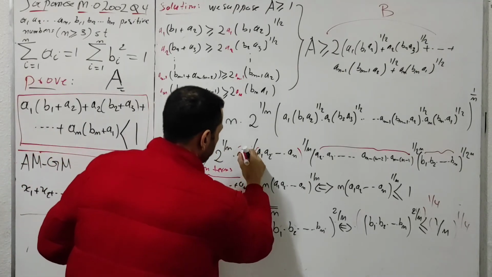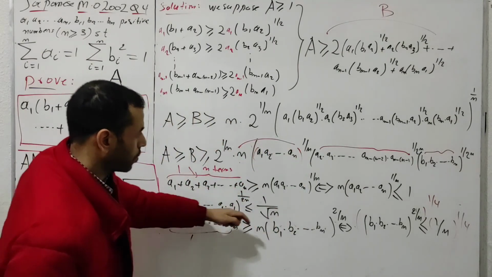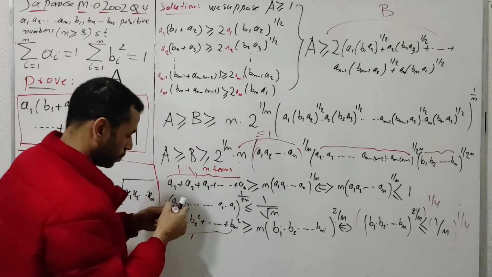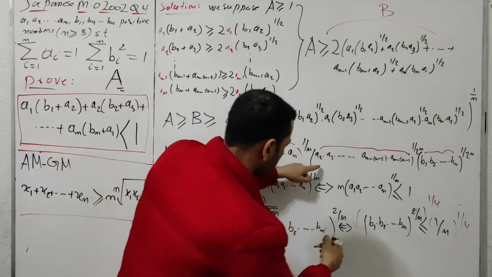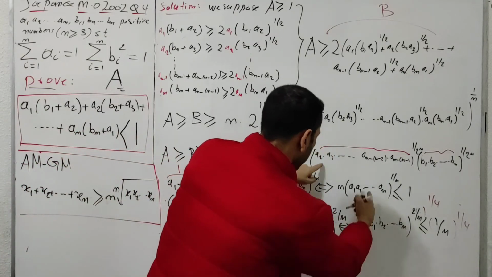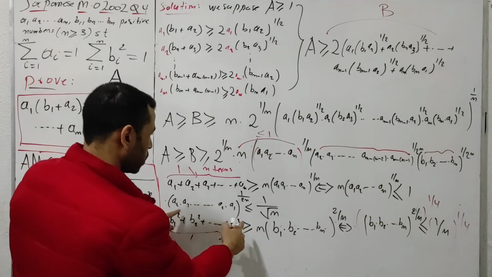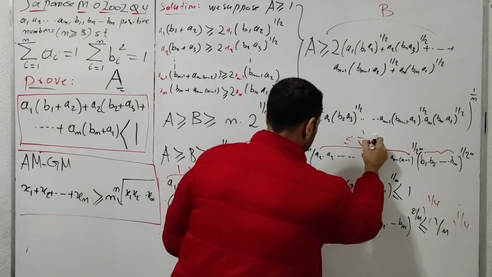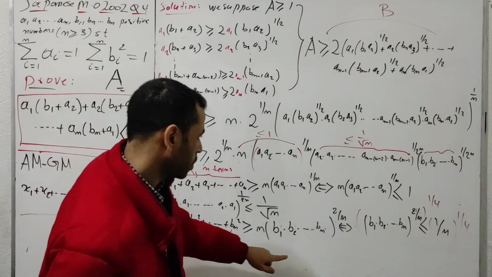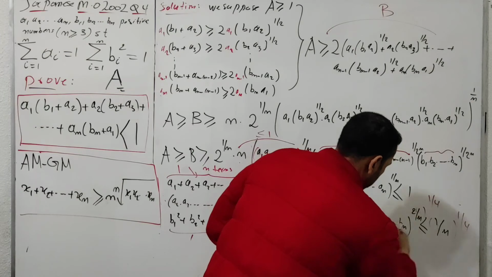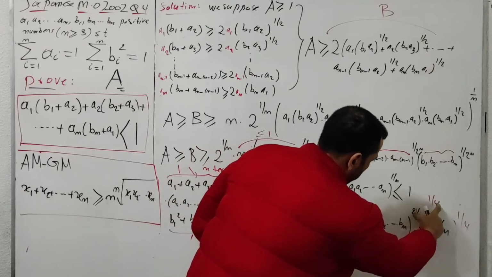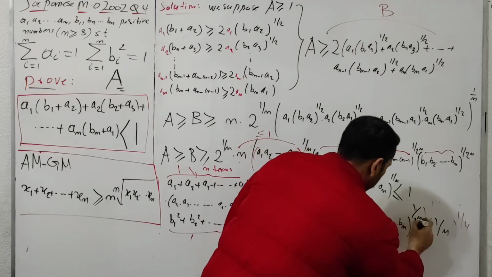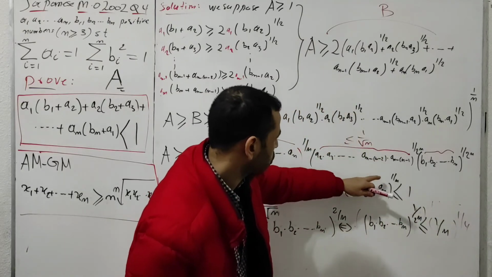Now this term, as I have here, as this one, is strictly inferior than 1. Okay, then this term, what I have here, this one is inferior or equal to 1 over square root of n. Okay, then this term, I'm going to simplify out this exponent. I will get here 1 over 2n. So I will go back to the original one.